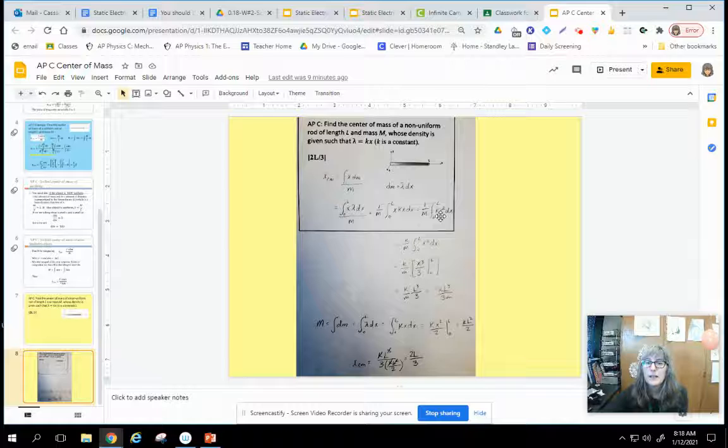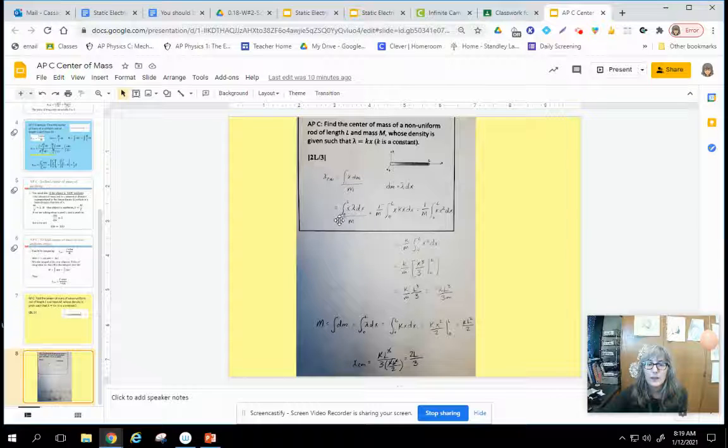And then we can solve this. So the center of mass is going to be the integral of x dm over the total m. Our dm is going to be equal to that linear density dx.